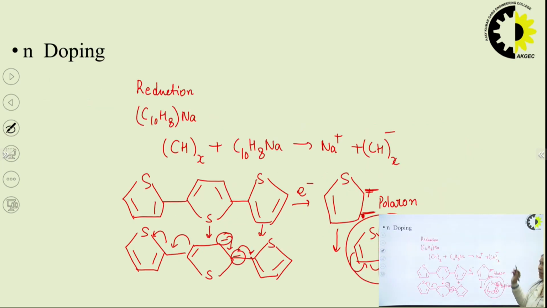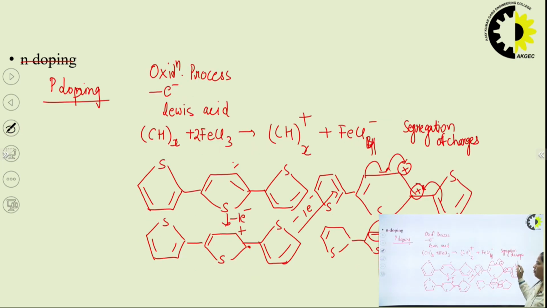So we can see that in N doping, negative sign comes on this molecule, and this delocalization of negative charge makes this system conducting in nature. And in P doping, positive sign occurs on the chain, and this delocalization of positive charge makes this compound conducting in nature.